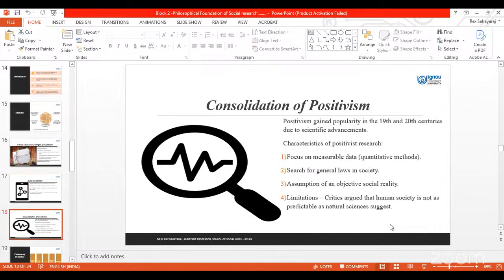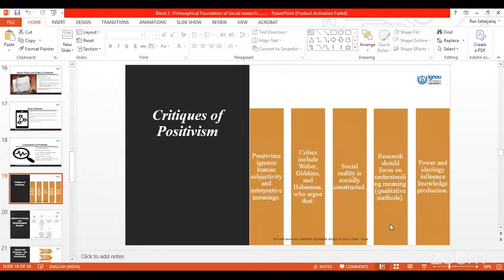And the consolidation of positivism: focus on measurable data, search for general laws in society, assumption of an objective social reality. Limitations: it's not highly possible to conduct research like natural science, right? These are the limitations when we talk about it.